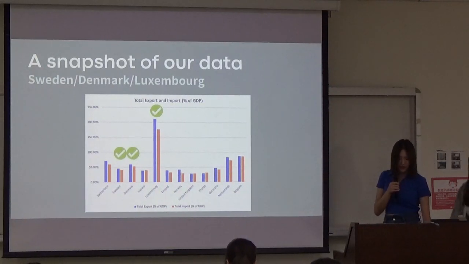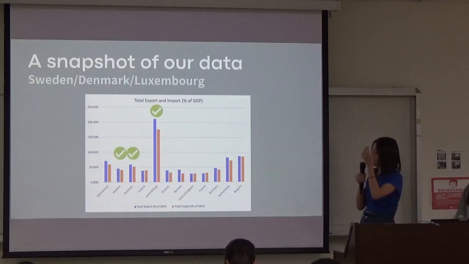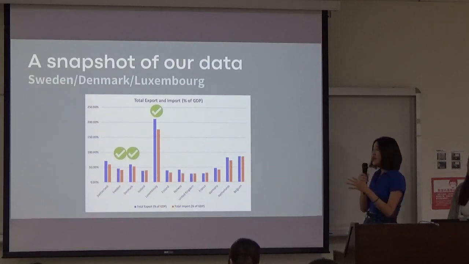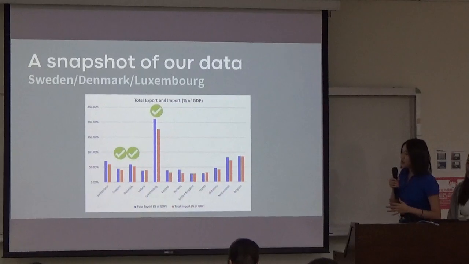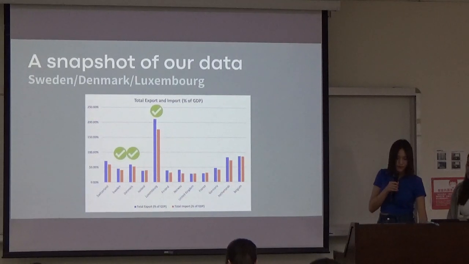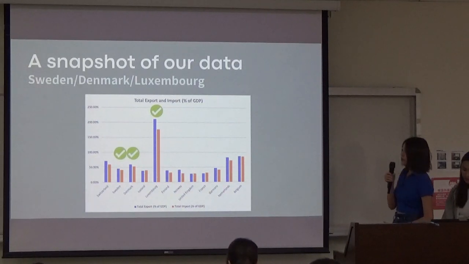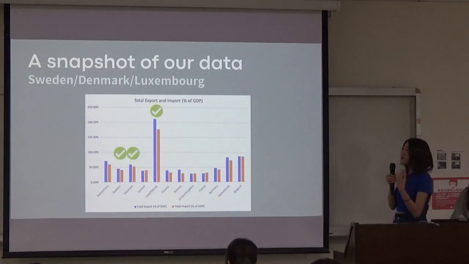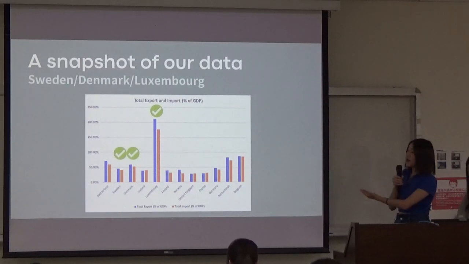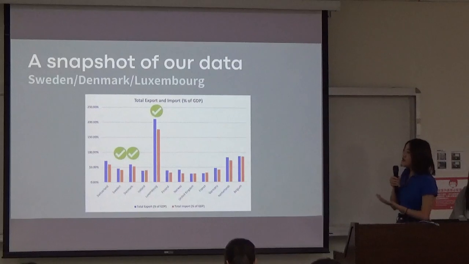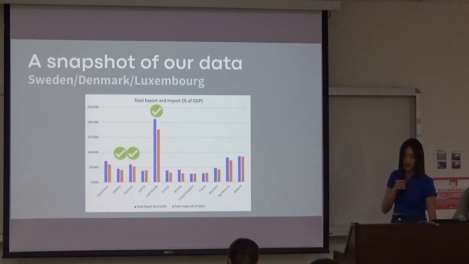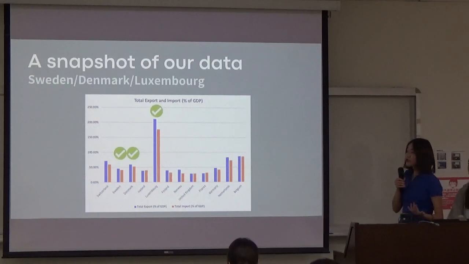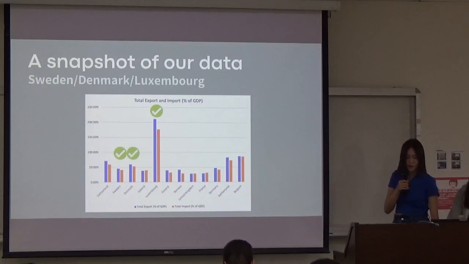We can obviously see that Luxembourg has a really high score compared with the other countries, about 200% for exports and 180% for imports. As I mentioned, this is because it mainly focuses on its financial structure and it's a really open economy.